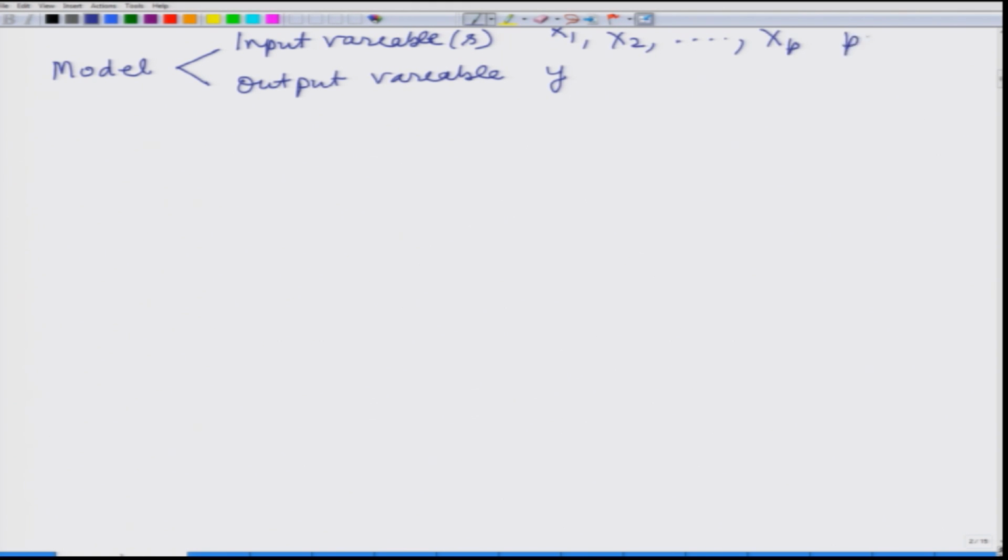So these are the p variables which are affecting the output y, right? Now, what is your objective? The objective is that we want to find a relationship between x1, x2, xp and y in a mathematical framework, right.